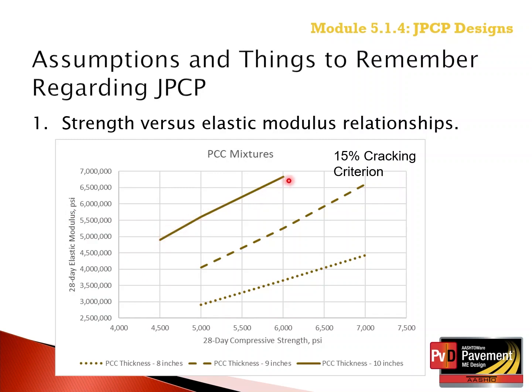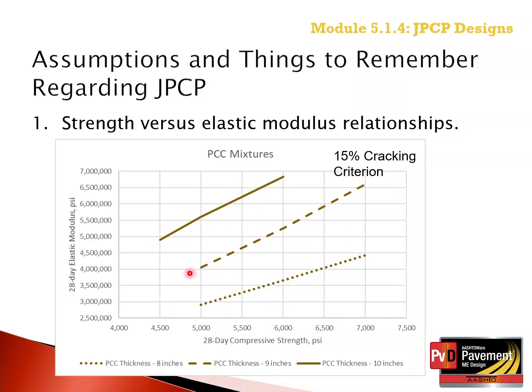The solid line shown here shows the relationship of the 28-day compressive strength versus the elastic modulus. So at the end of 20 years, we have a 15% cracked slab criterion. The solid line is for a 10-inch concrete slab.